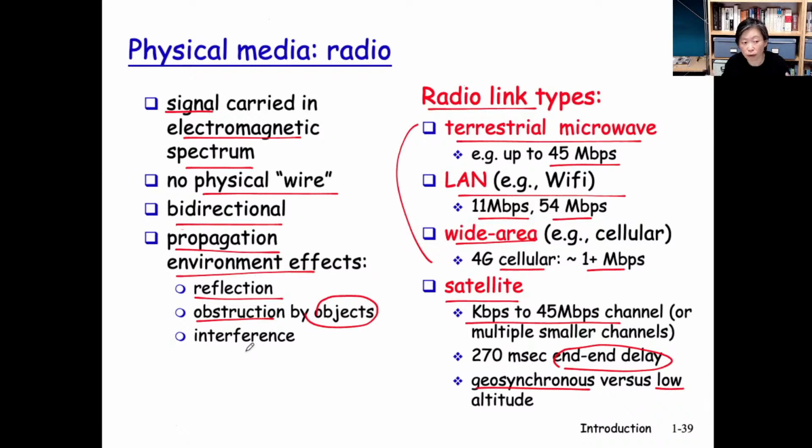And the waves can interfere with each other, coming from different sources, or even coming from the same radio source. It's called the multipath effect. So physical media, radio, is very convenient, but you see the challenge of transmitting signals through these electromagnetic waves. You see also that generally the maximum capacity of wireless links is usually lower than the guided media's capacity.